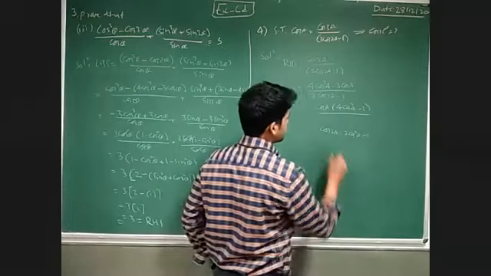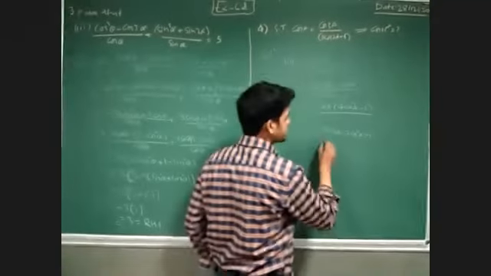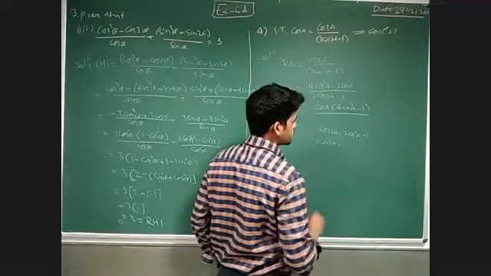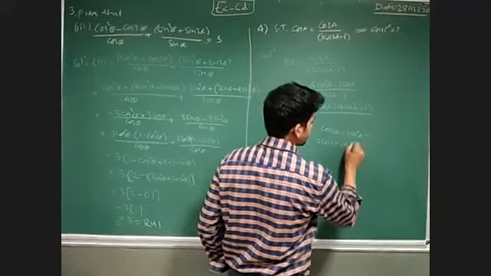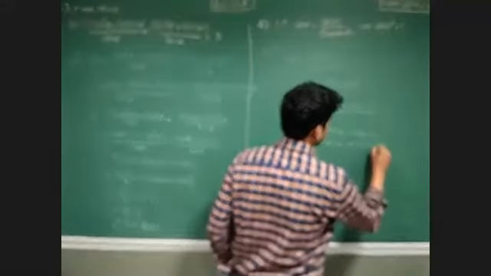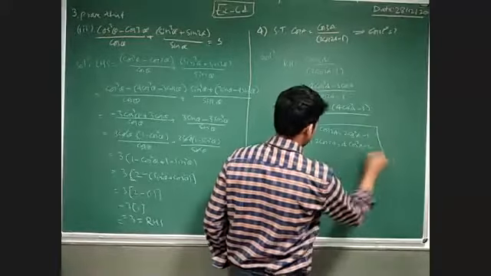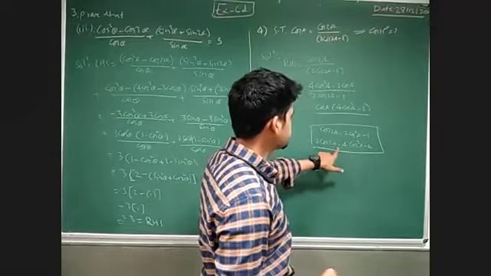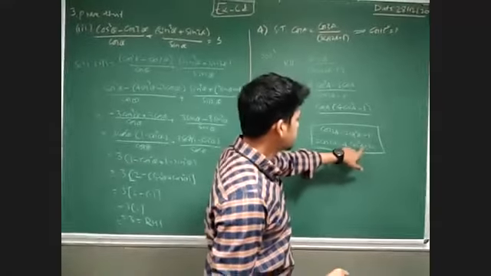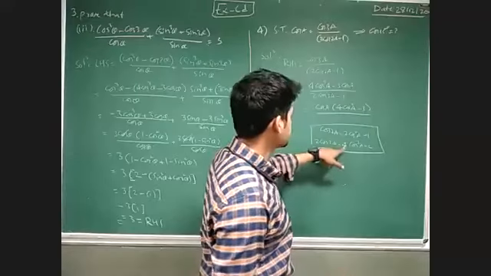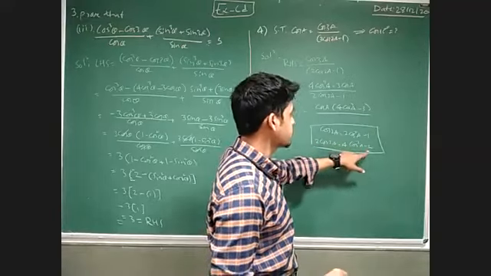Then if I am multiplying 2 with cos 2A, I will get 4 cos square A minus 2. Okay, now I know that 2 cos 2A is nothing but 4 cos square A minus 2. So here I am going to write 2 cos 2A is equal to 4 cos square A minus 2.